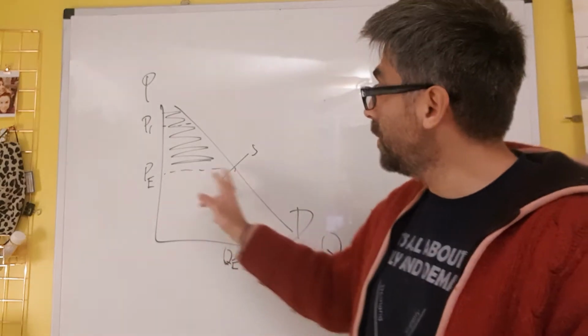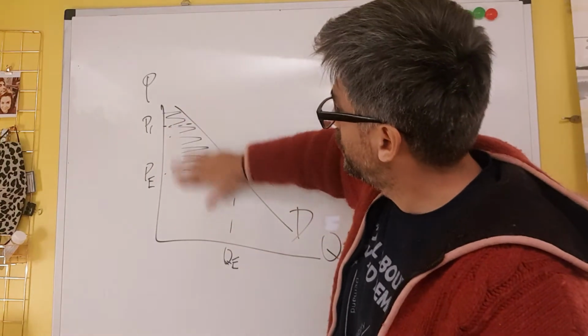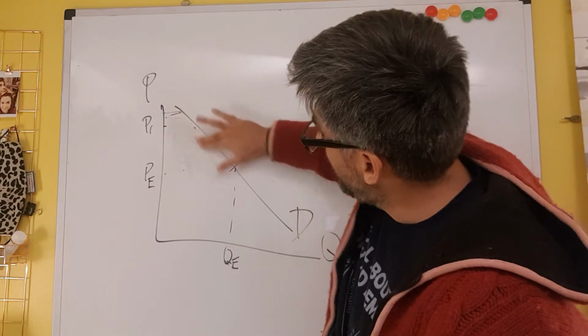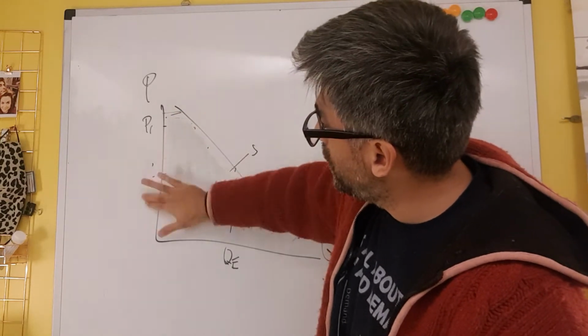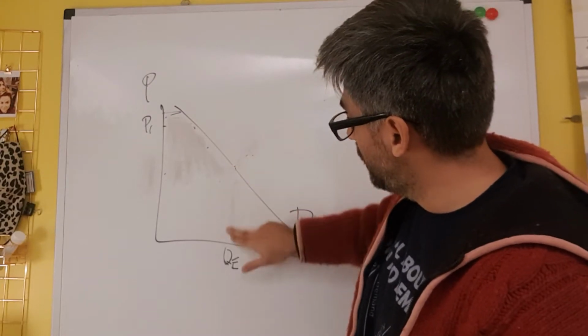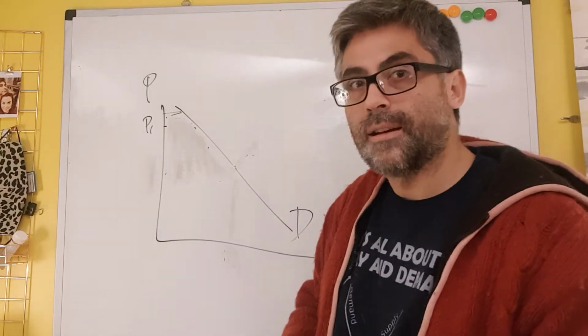So hence, all this consumer surplus gets eroded away, disappears. So we'll take it out of our diagram there. So hence, there's no equilibrium price. Instead, what happens is they'll just charge you whatever you're willing to pay.